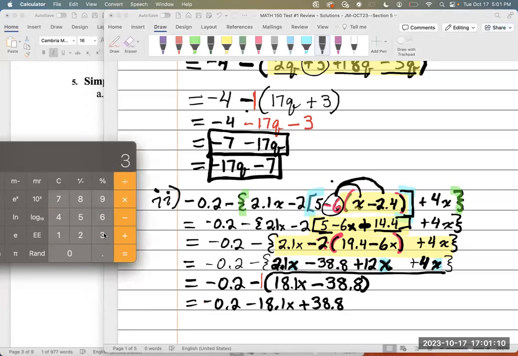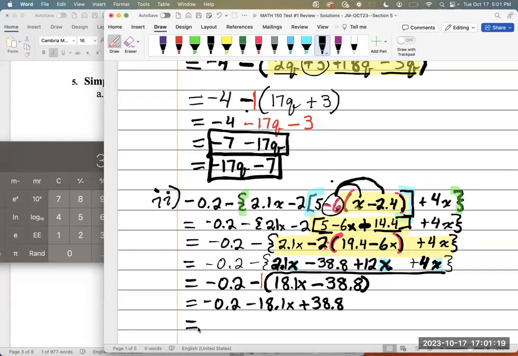So I'm going to have 38.8 that's positive, subtract 0.2 gives me 38.6. So my final answer is negative 18.1x plus 38.6. And that's the answer. I have simplified the original expression.